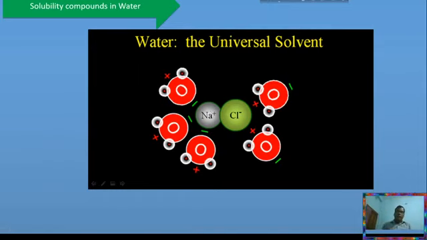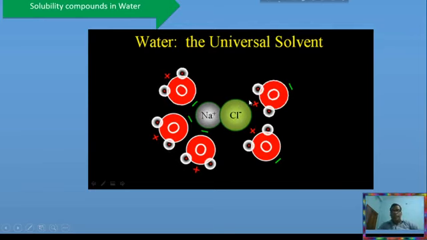When we add this sodium chloride to water, the partial negative charge of water attacks the positive charge of the ionic compound, and the partial positive charge of water attacks the negative charge of the ionic compound, and then the sodium comes into the water and the chlorine is dissolved in water.